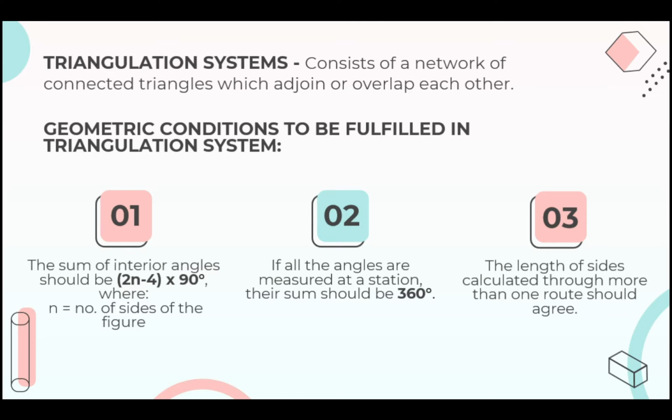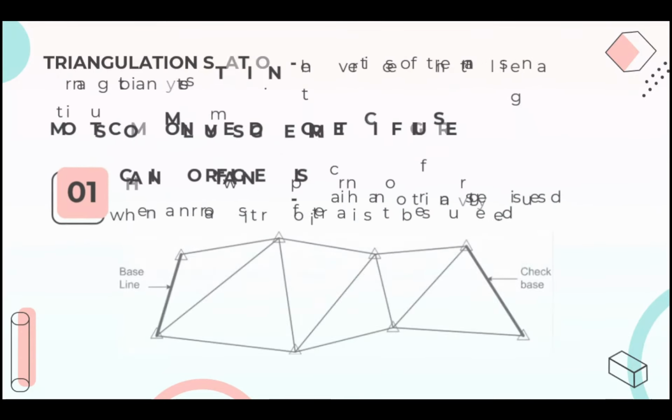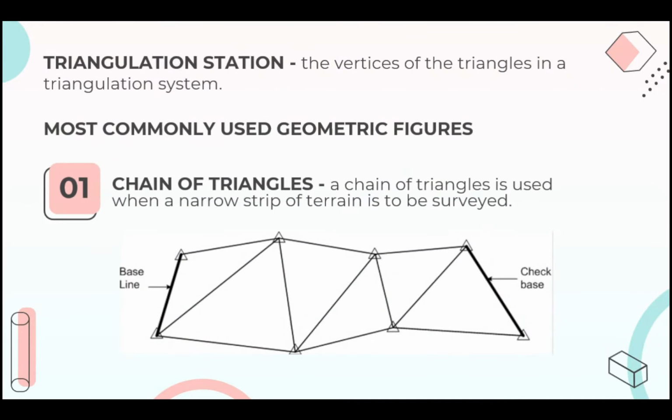Second, if all the angles are measured at the station, their sum should be 360 degrees. Lastly, the length of sides calculated through more than one route should agree. We also have triangulation station, which refers to the vertices of the triangles in a triangulation system.